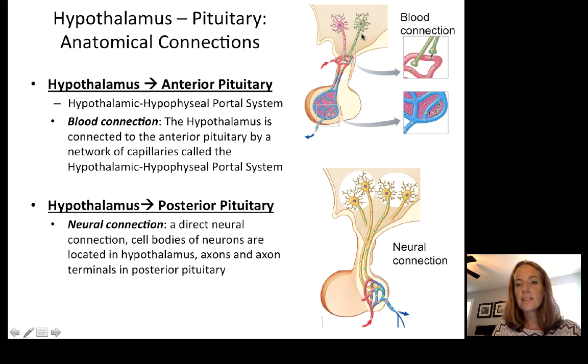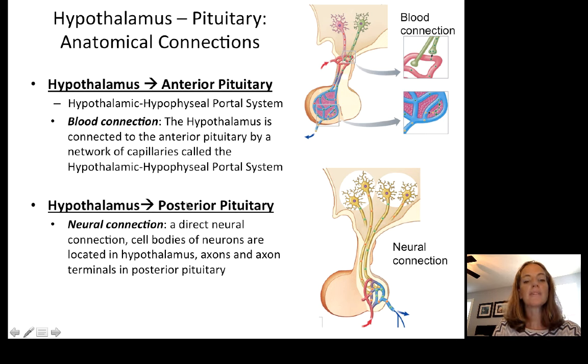So here's your hypothalamus, you have neurons in the hypothalamus that are producing hormones, and those hormones, hopefully you can see these sort of green and red and blue dots, are then passing through the bloodstream, through this hypophyseal portal system, and going down to the anterior pituitary. So we have hormones produced in the hypothalamus passing through the blood, so these are true hormones going straight through the blood, and then making changes in the anterior pituitary. So their targets are in the anterior pituitary.